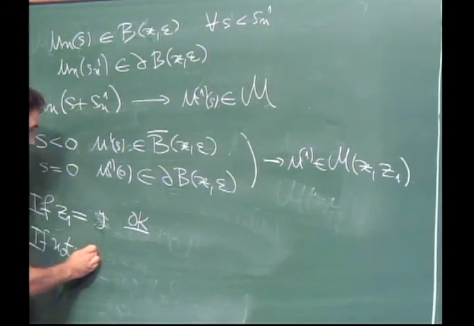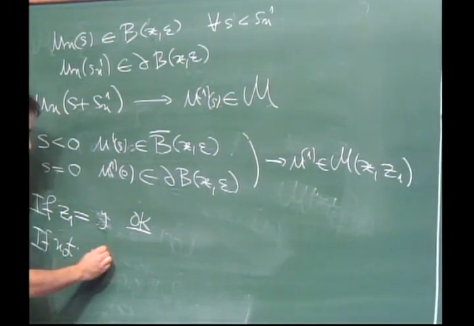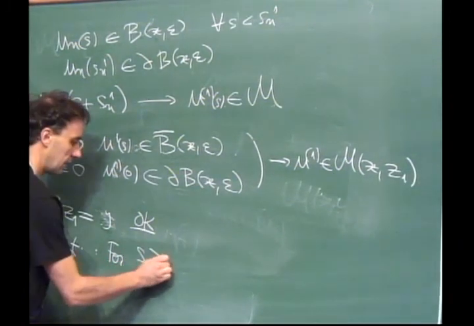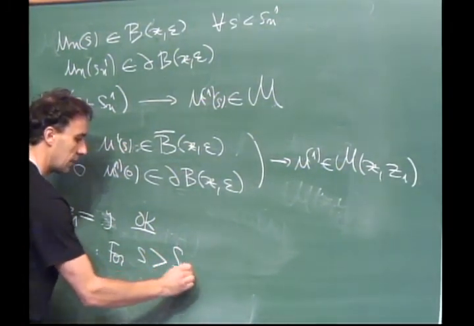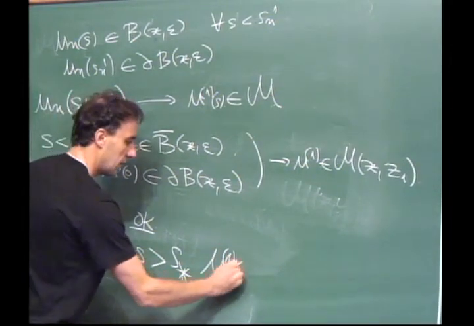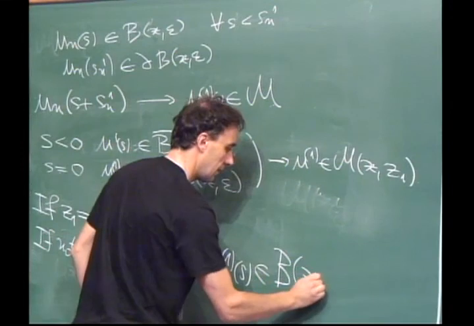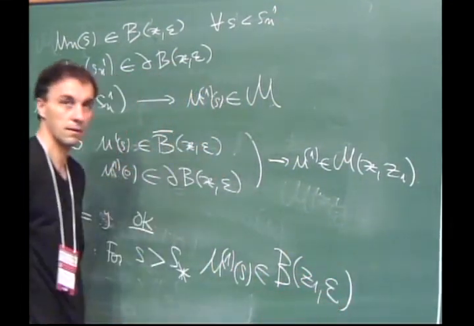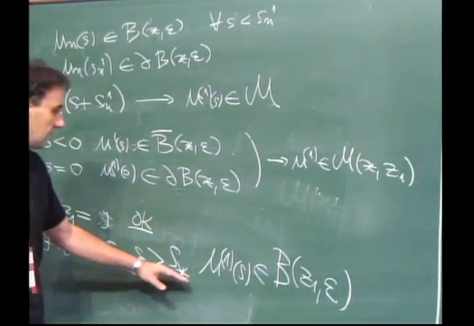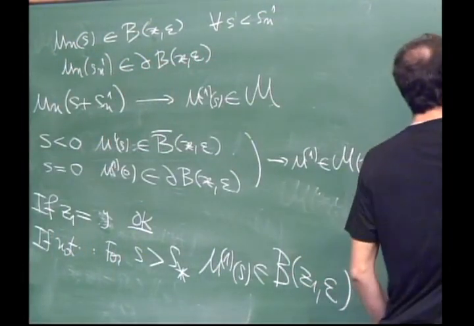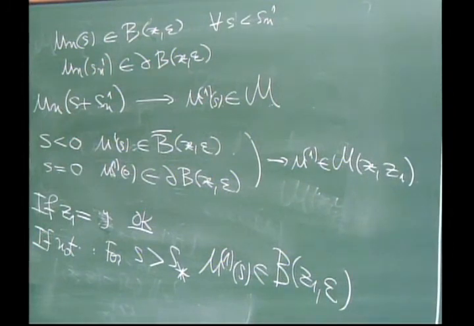We know that for S bigger than some S star, this trajectory is in the ball, right, because its limit is Z1. So from this time S star it is in the ball.